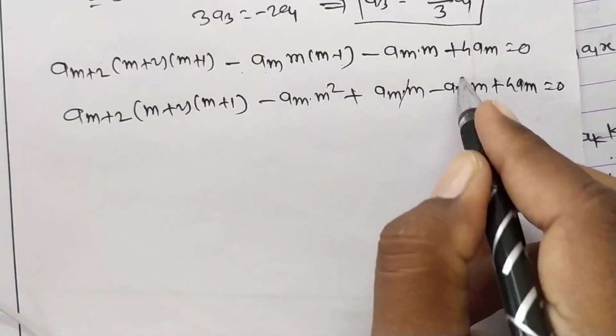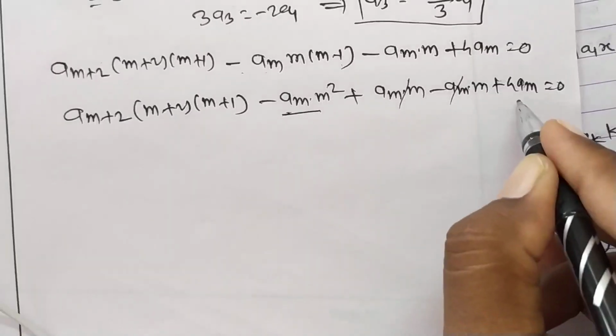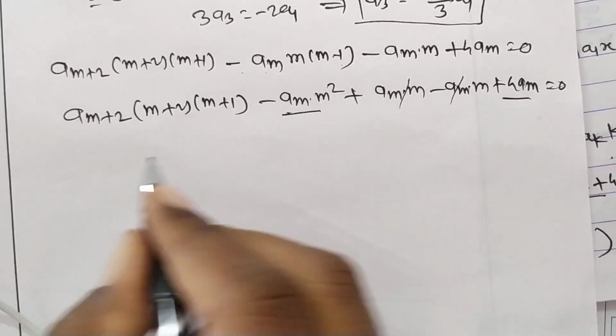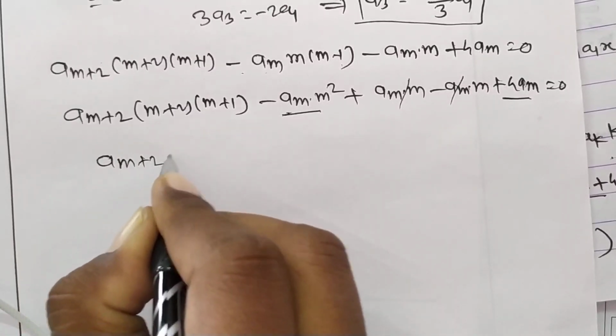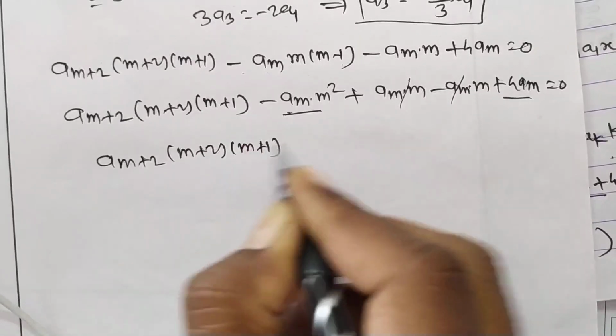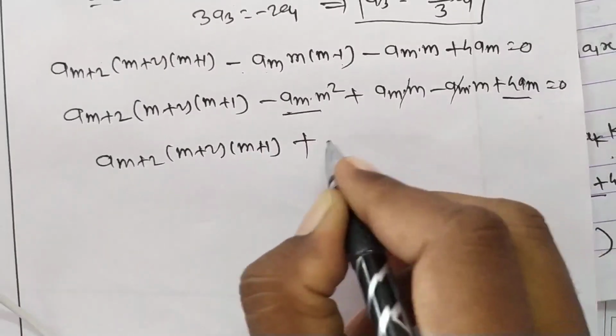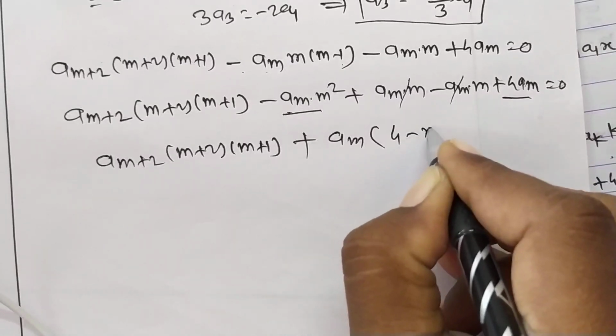So the a_m into m gets cancelled, and from minus a_m m square plus 4a_m, we can take a_m common. So a_(m+2) into (m+2)(m+1), and from these two terms if we take a_m common, then in the bracket we have 4 minus m square equal to 0.